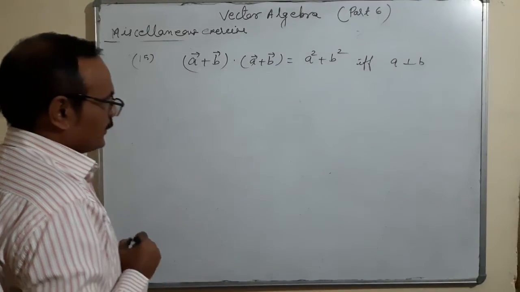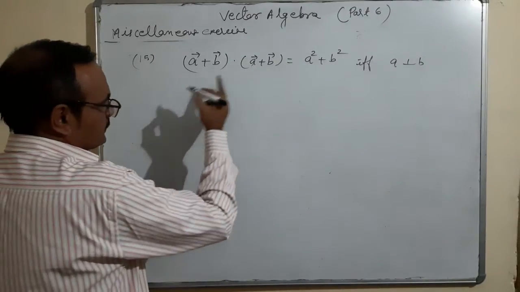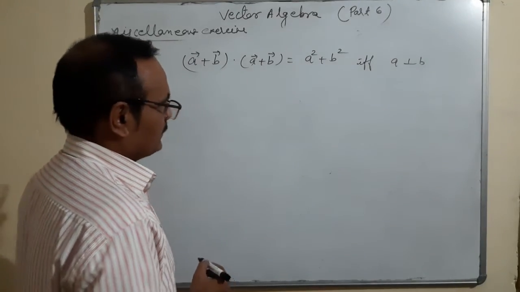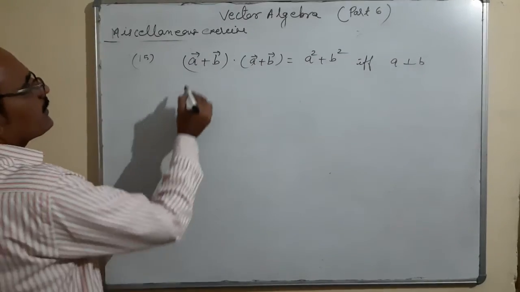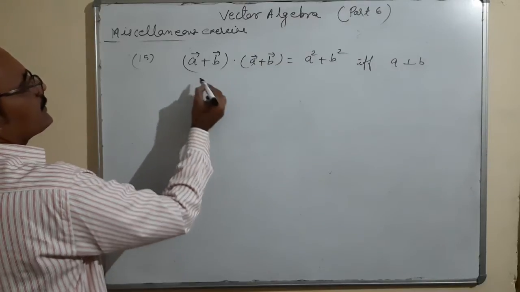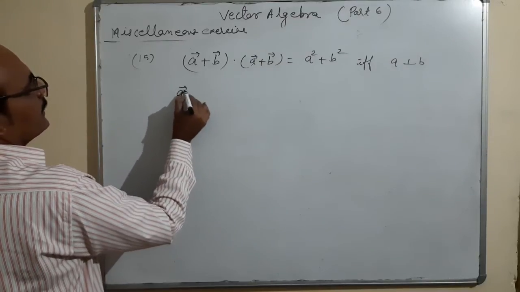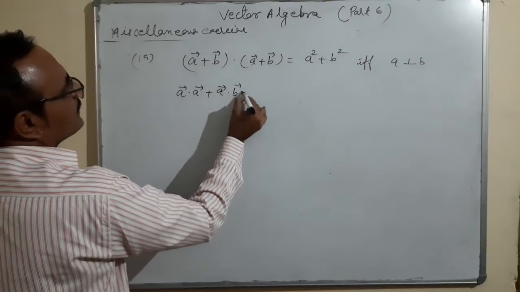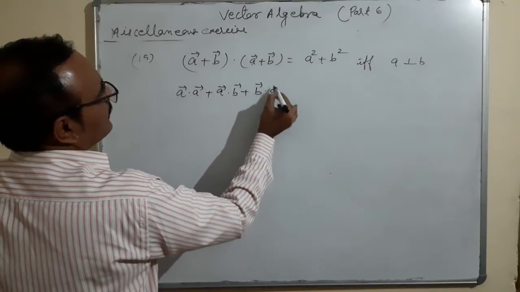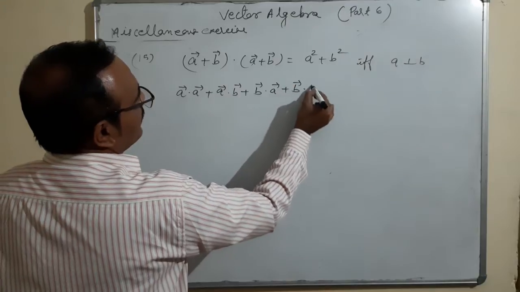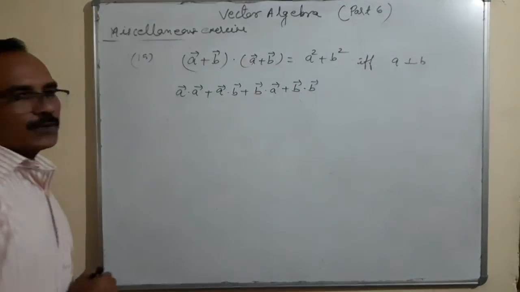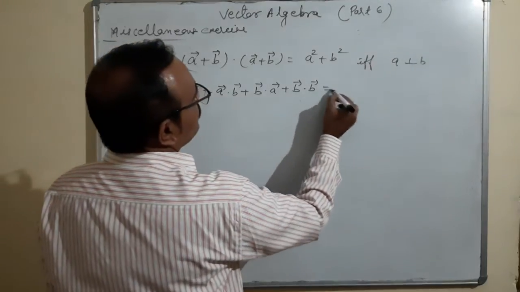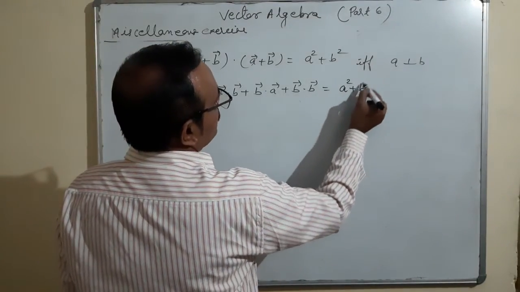So let us take first this term, and we'll prove that A and B are perpendicular. Simply we are solving this vector A plus vector B. So multiplied: vector A dot vector A plus vector A dot vector B plus vector B dot vector A plus vector B dot vector B. Is it okay? This is equal to A square plus B square.